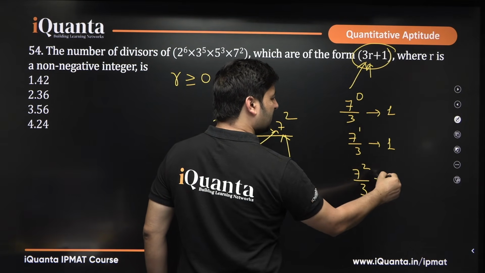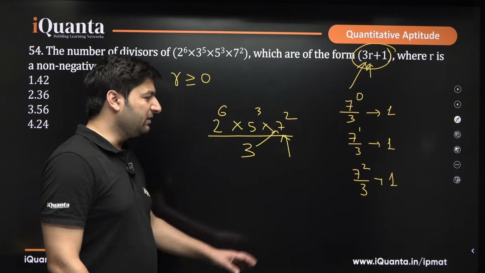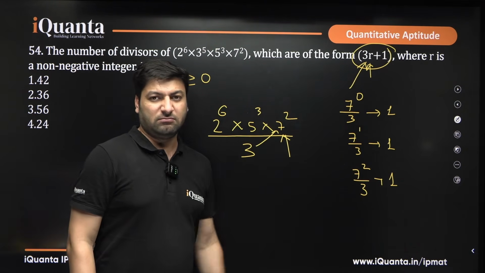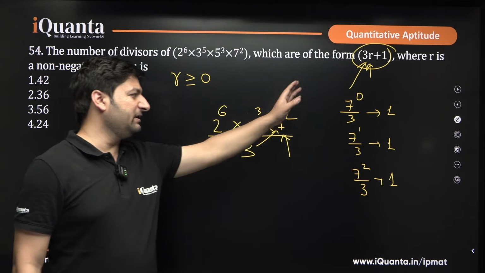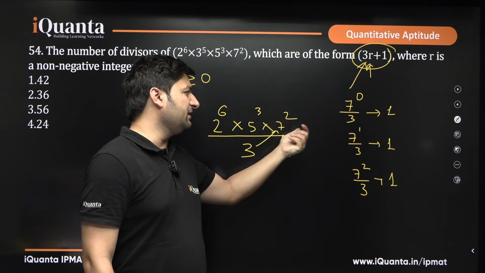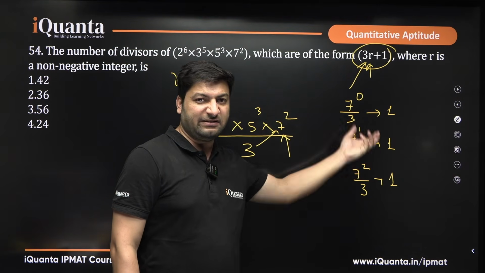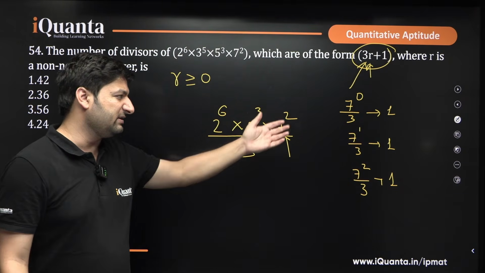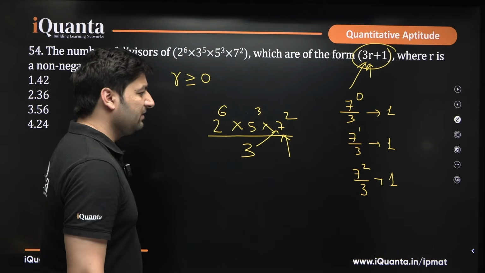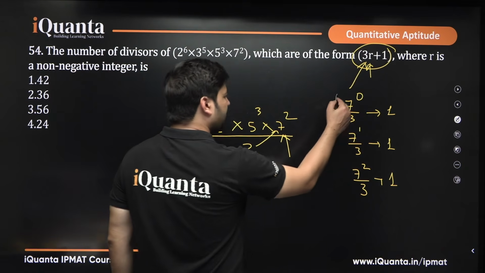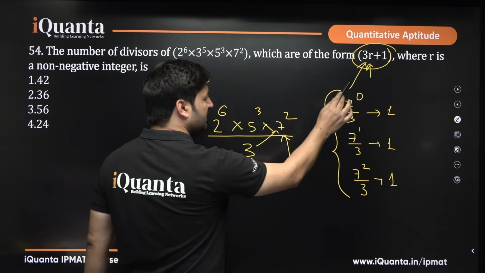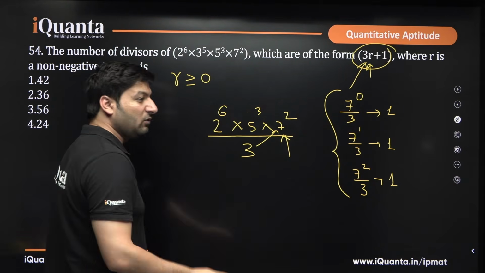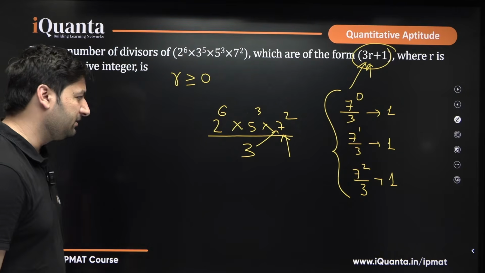So, the 7's are not going to disturb us a lot. Okay, we know that these 7's are neutral kind of. They will be there, but they will never be disturbing the remainder. Any number that has 7 to the power anything will always give remainder 1. So, there are definitely 3 powers of 7, 7 to the power 0, 7 to the power 1, 7 to the power 2, which will always be there in all the numbers that we are going to get.